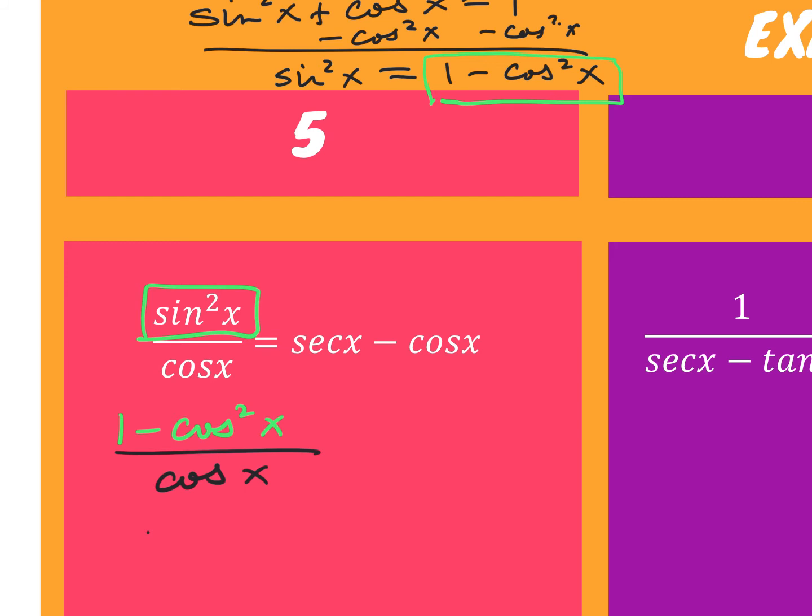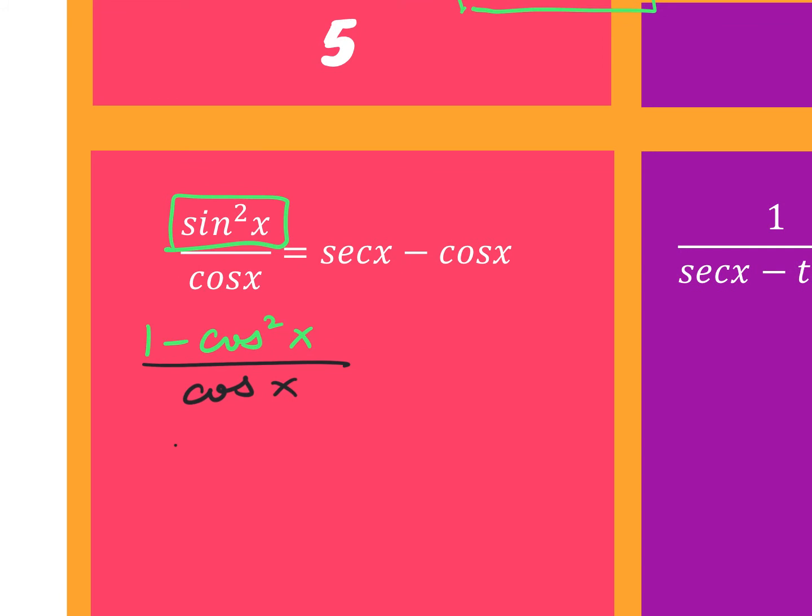This has already been subtracted with the common denominator, so I'm going to pull it apart and give each one of the numerator its own cosine x in the bottom. So I'm going to make it 1 over cosine x minus cosine squared x over cosine x. Because if you were to subtract this, then it would just go back to this. So I'm sort of undoing a subtraction problem.